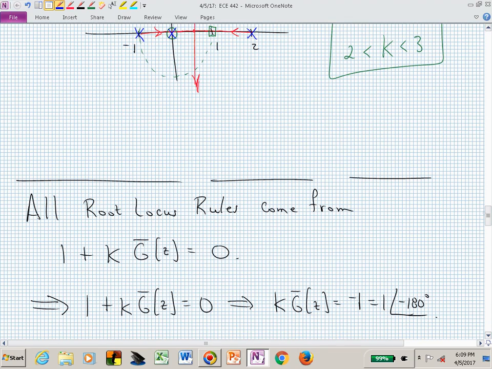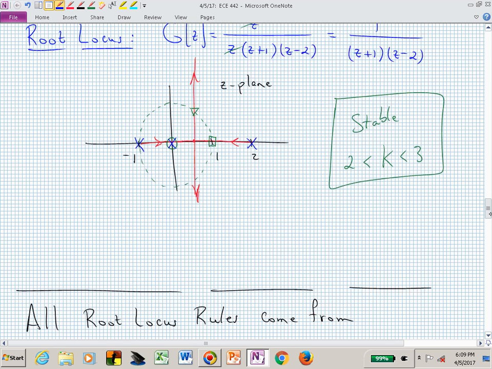Now, we found how to find the root locus for some of these trivial, or maybe not trivial, but some of these basic cases. All of these root locus diagrams come from this one equation, 1 plus k g bar of z equaling 0. And if we now rearrange that, oh, how did I get this k, the range of k for stability?